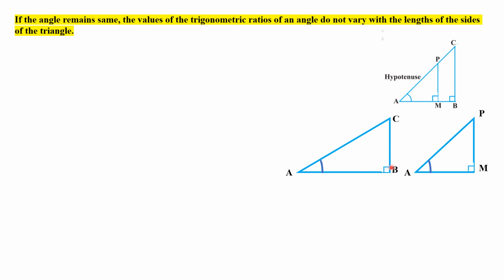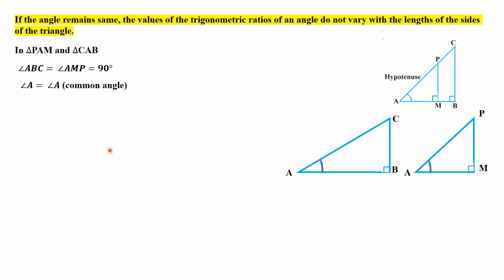So if you take both the triangles PAM and CAB, you can see here that angles ABC and AMP are both right angles. It means it is 90 degrees. And you can see angle A is common in both. Both triangles have the same angle. You can see from the figure over here also, isn't it?